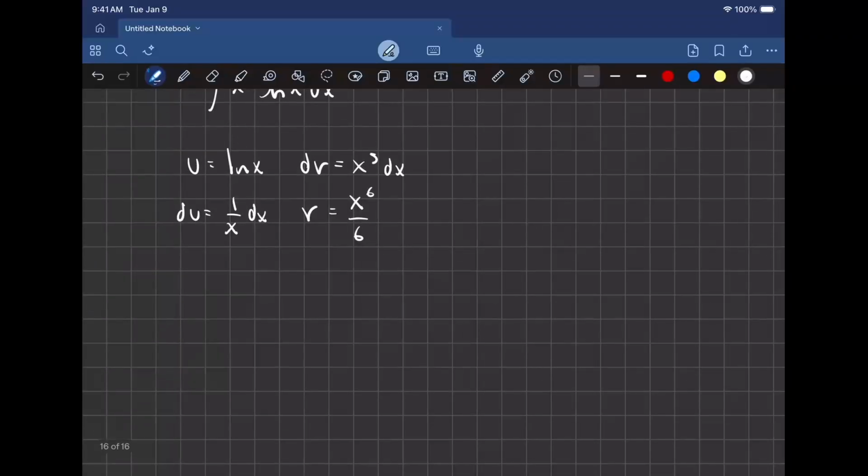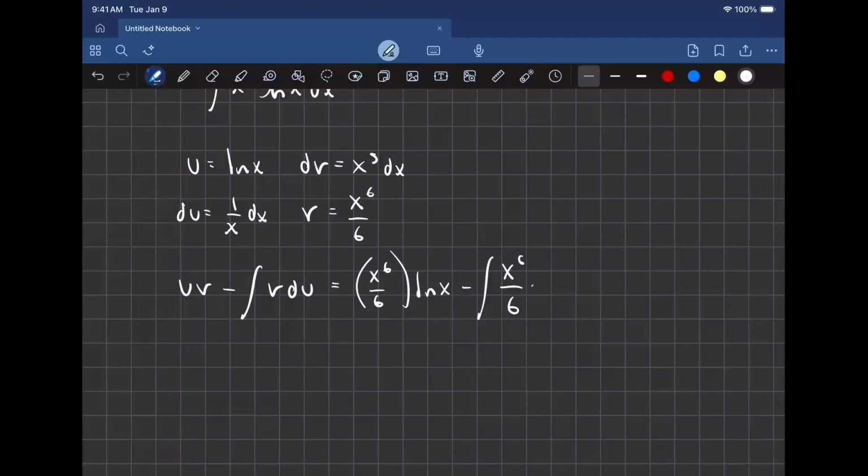Now we'll use our integration by parts formula, uv minus the integral of v du. So this will give us x to the 6th over 6 times the natural log of x minus the integral of v du, which is x to the 6th over 6 times 1 over x dx.